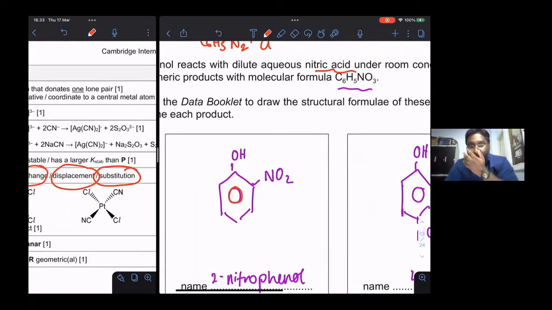When the electron density is quite high, the electrophile is attracted to react with the benzene ring. So if you have a normal reaction where you need to use a catalyst and heat up, for phenol you don't need to do that, because the electron density is more, so it makes the reaction much more readily available.